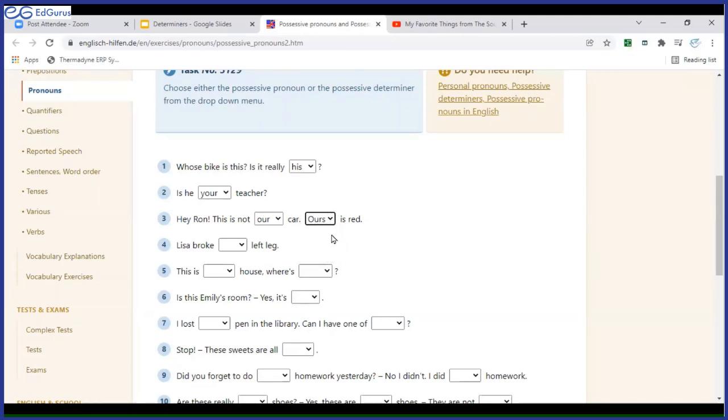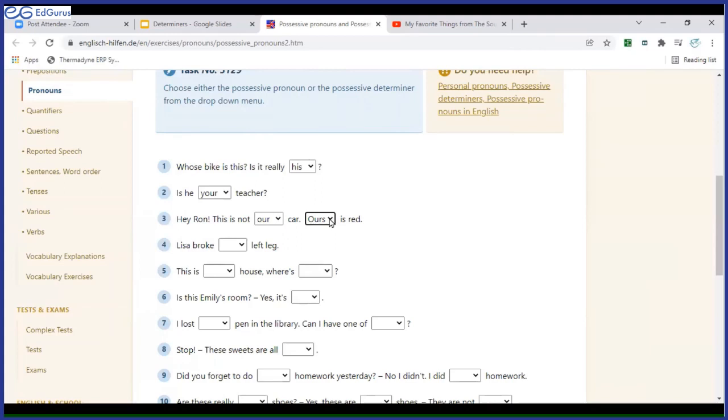Why? This is a possessive pronoun, not a possessive determiner. Why can't it be our? Here it is ours because it is not describing the noun car. Here the noun is far after the helping verb, so it is not describing the noun immediately. So here it would be a possessive pronoun, not a possessive determiner.